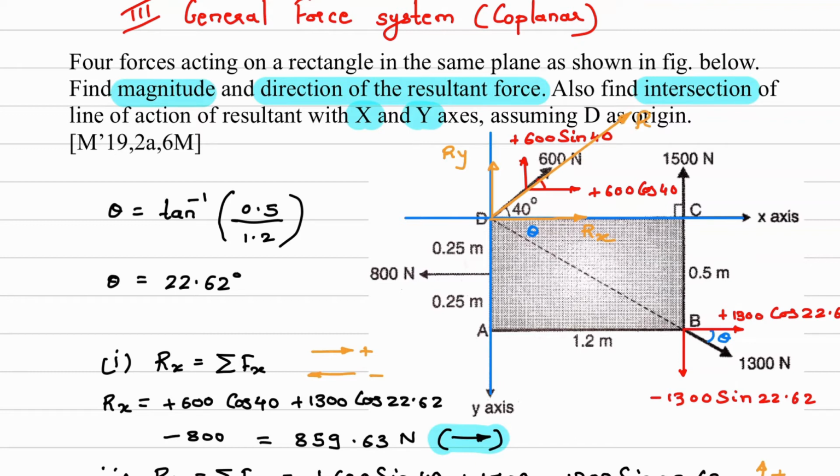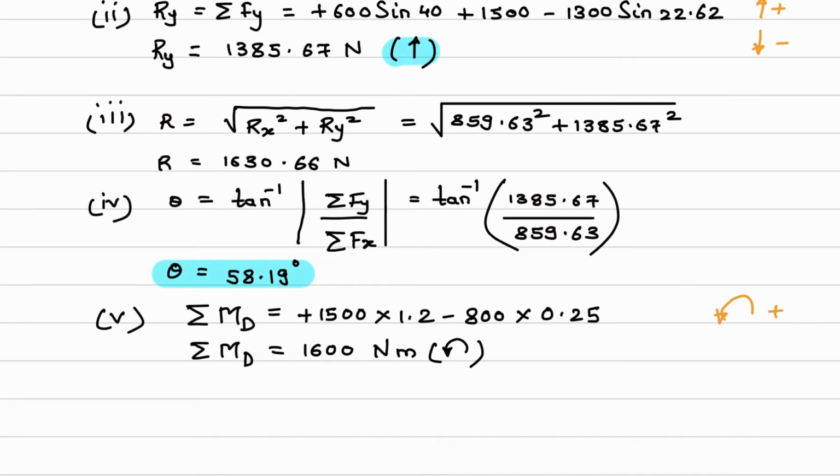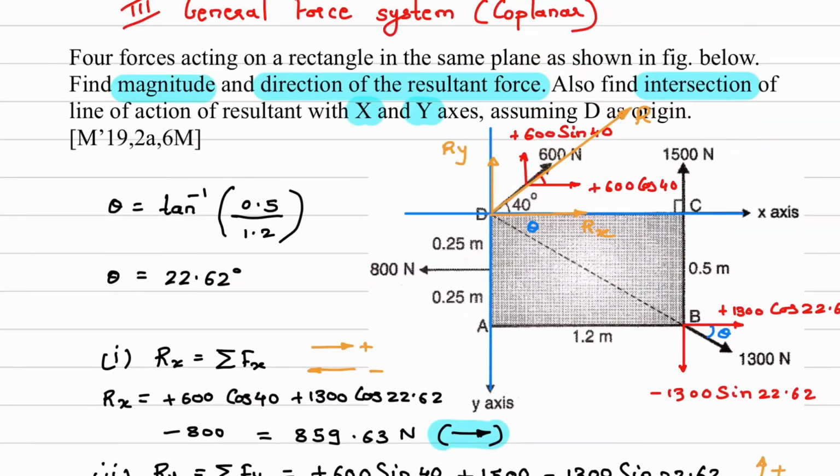This is resultant R. Now we have to see moment. Moment is anti-clockwise direction. So this moment at point D is in anti-clockwise direction, which is summation of moment about point D.